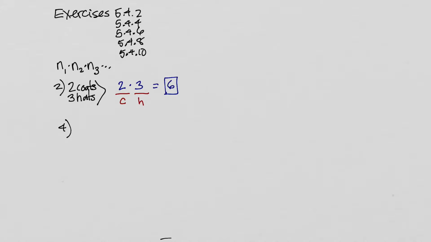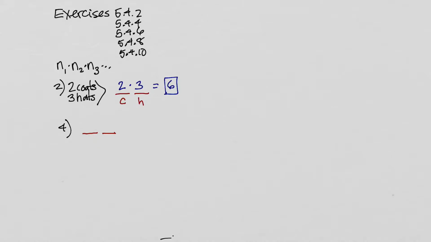In problem number 4, what we're looking for are 2-letter words. So I'm thinking 2 letters, okay, well we're going to have a first letter and a second letter. And what we're looking for here is how many different 2-letter words, real or nonsense, can we make if the letters have to be distinct. So let's see how many ways we can make this first decision. This is our first letter.